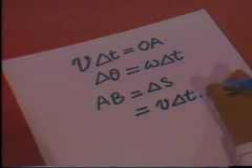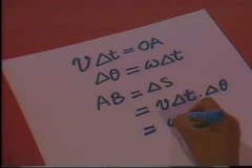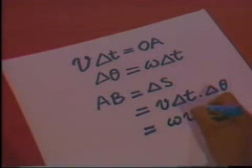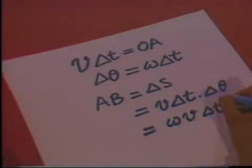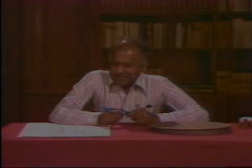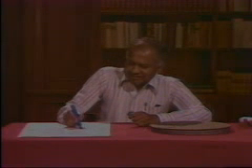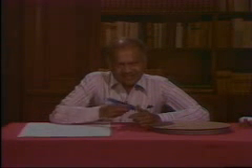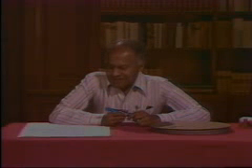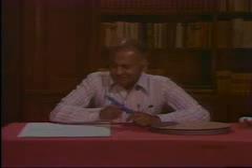Now, if we compare this expression, delta S equal to V omega delta t square, with a linearly accelerated object, then we know that if the object starts from rest, then it will travel in a time delta t a distance delta S equal to half f delta t square.